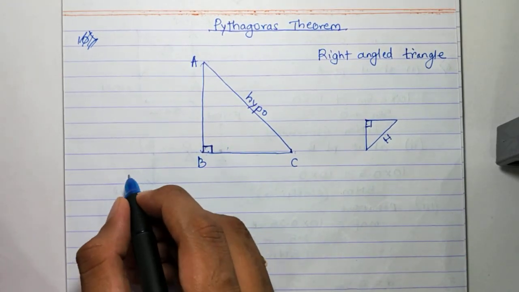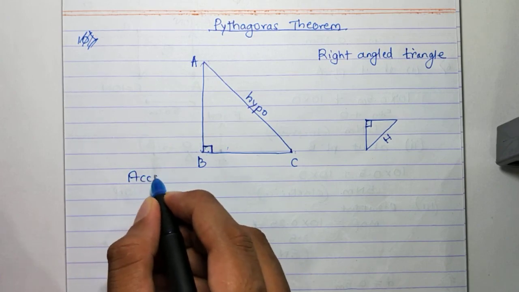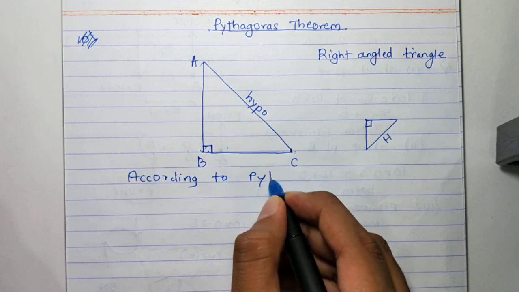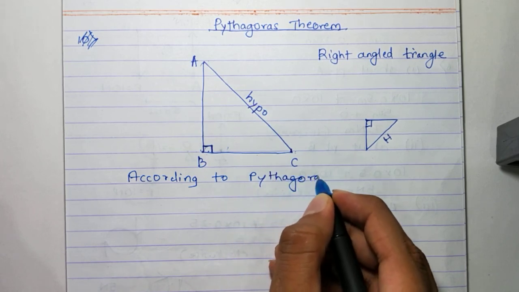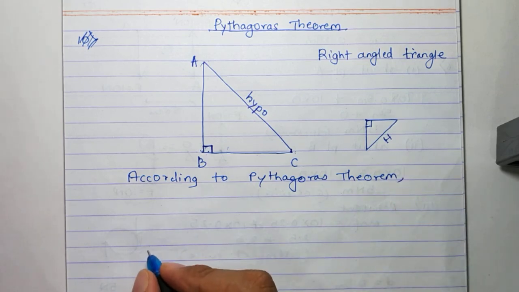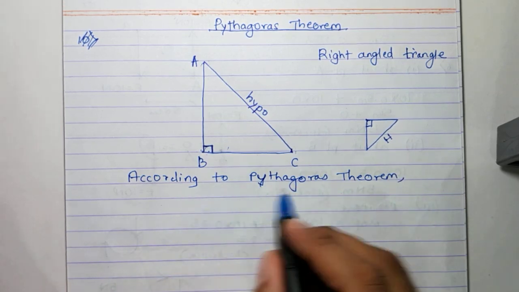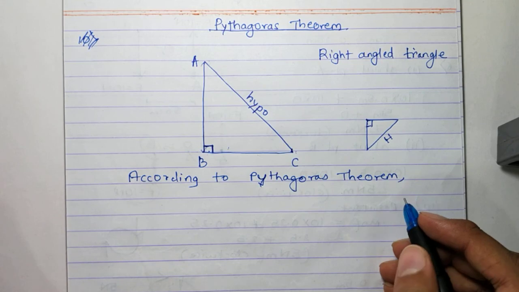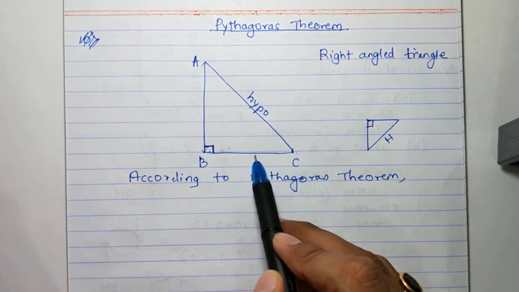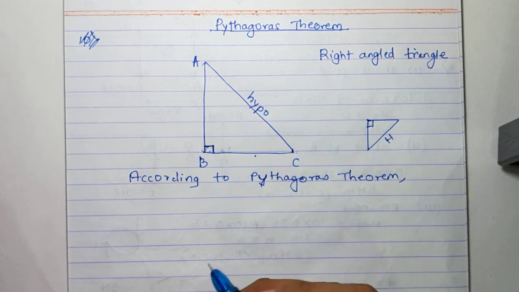Now, according to Pythagoras theorem, what does Pythagoras theorem have to say? According to Pythagoras theorem, sum of the squares of the two sides is equal to the square of the hypotenuse.